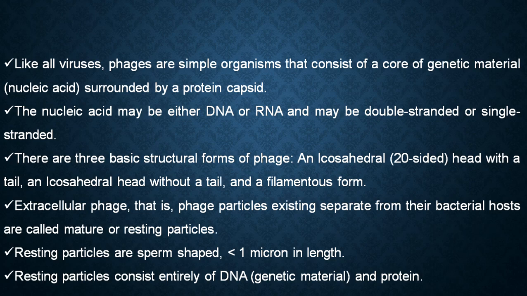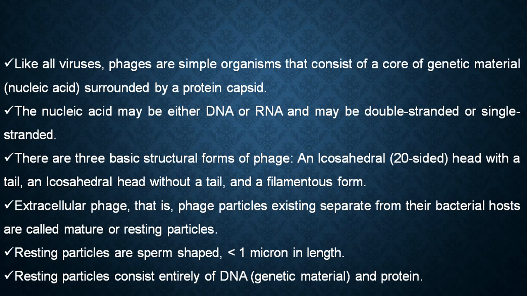Like all viruses, phages are simple organisms that consist of a core of genetic material, that means nucleic acid, surrounded by a protein capsid. The nucleic acid may be either DNA or RNA and may be double-stranded or single-stranded.